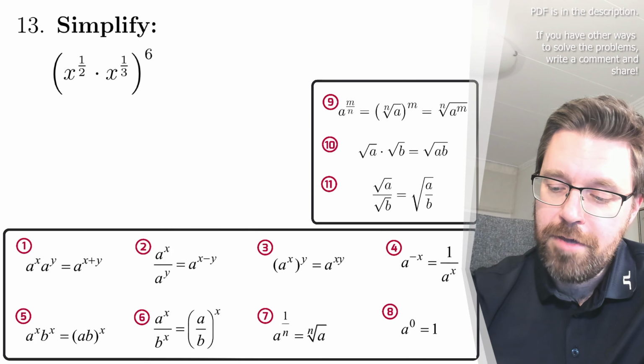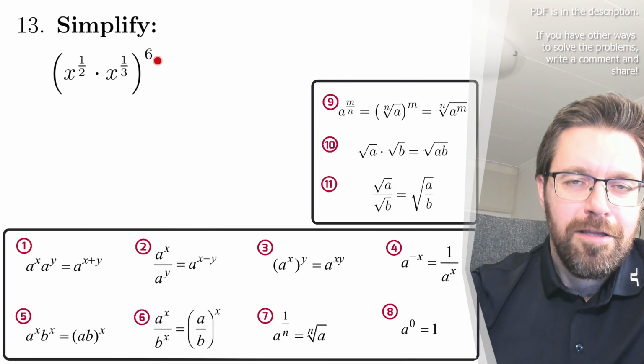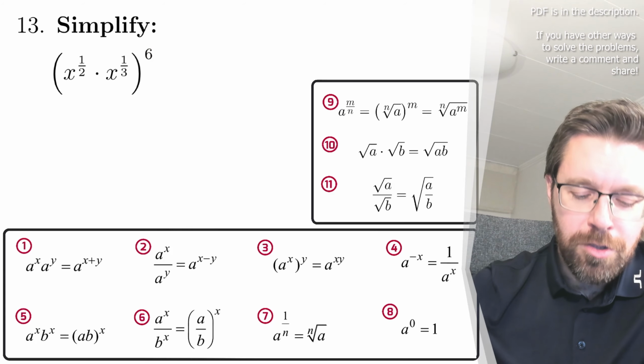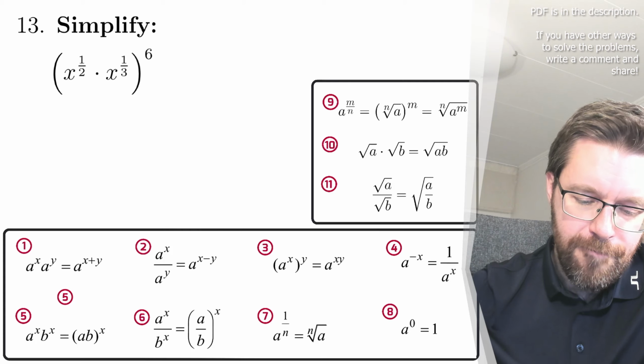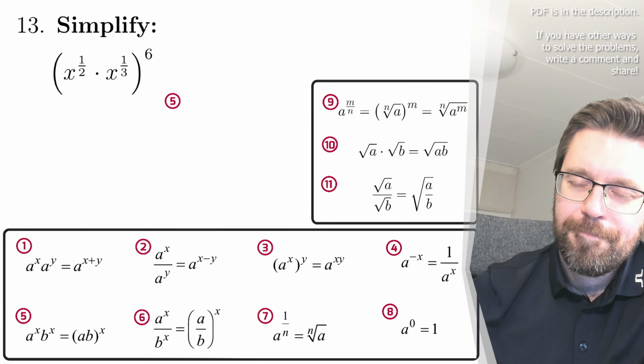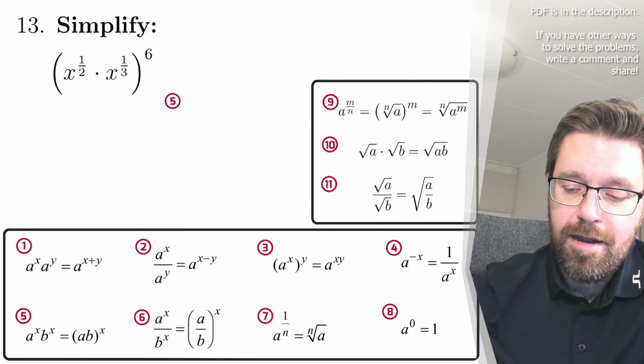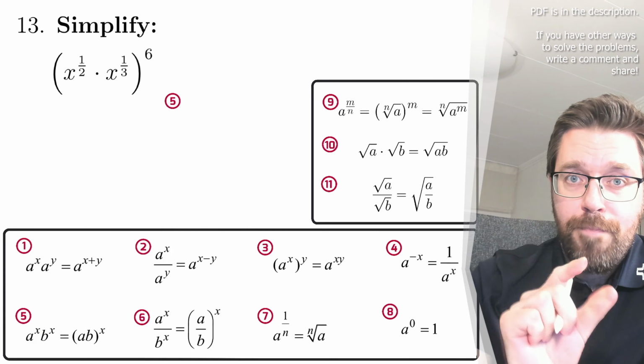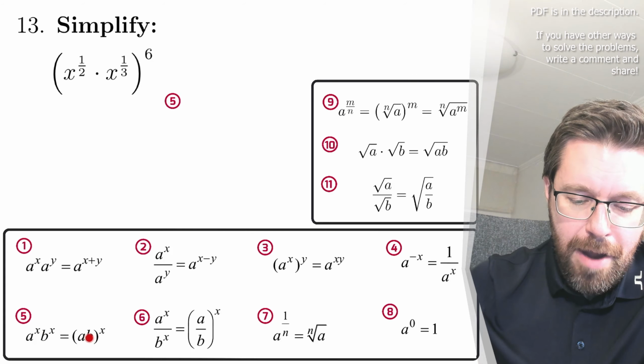If you want to, you can start by taking this number 6 and getting it inside the parentheses, using rule number 5 from right to left. If you have a multiplication inside a base, the exponent can be rewritten for both factors inside the parentheses.